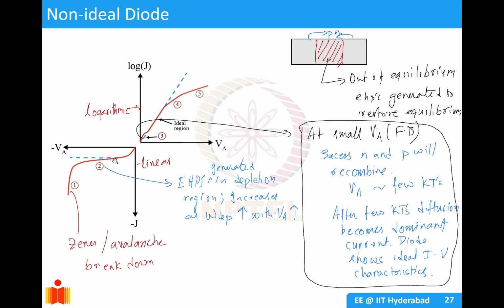So we had studied the reverse bias. The ideal case would be a constant current, but what happens is there is generation of electron hole pairs. In non-equilibrium condition, there will be generation of electron hole pairs to restore the equilibrium in the depletion region.